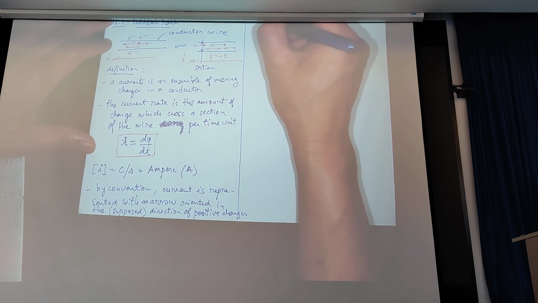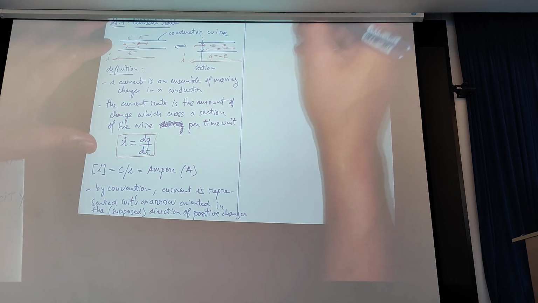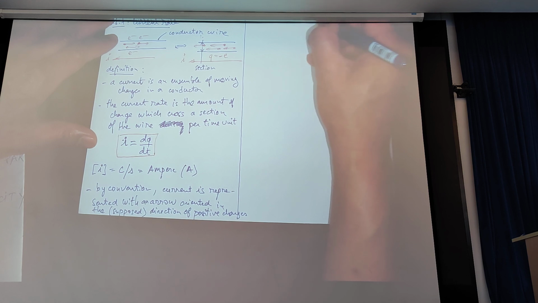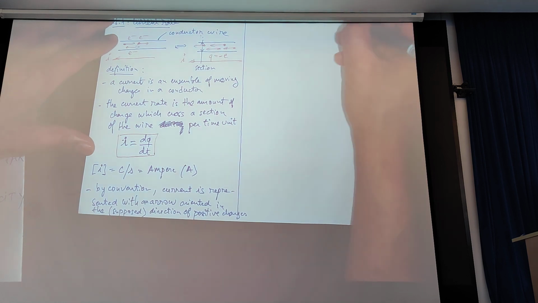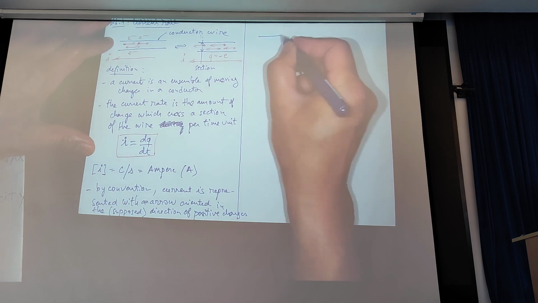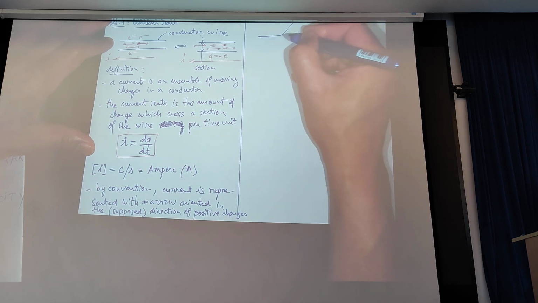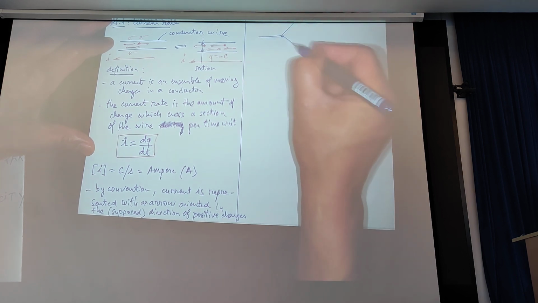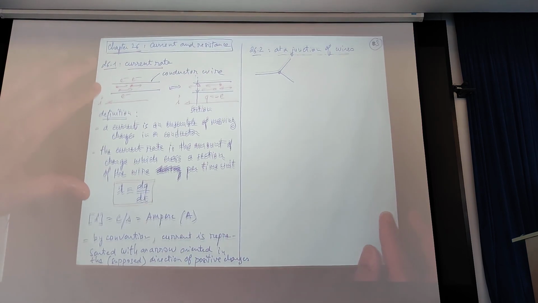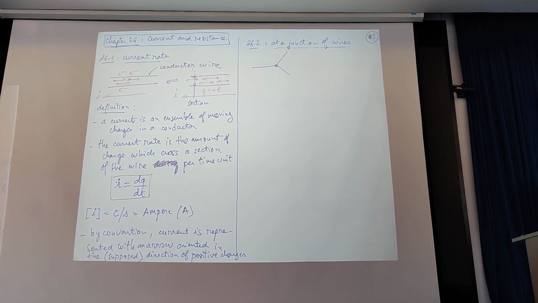Let's say, what happens at a junction? Imagine that we have a wire here and a junction here.